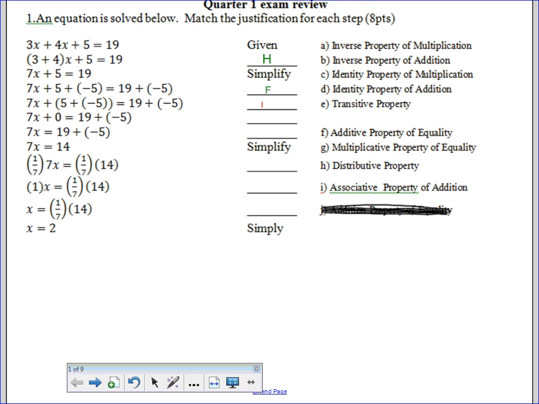All right, next up we have between this line and this line. And what changed? This turned into this. So what property allows me to say that if I add something plus its opposite it is 0? That's the inverse property of addition.